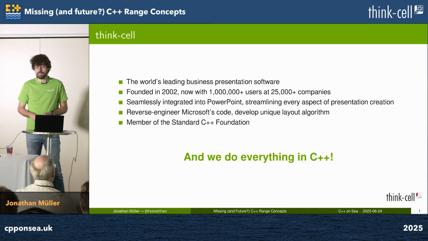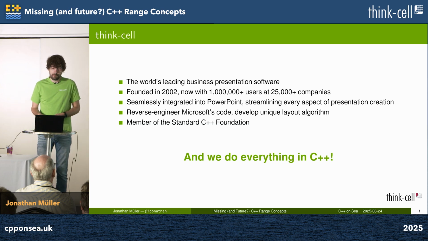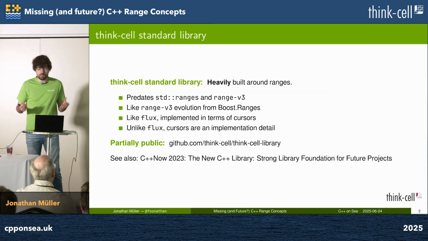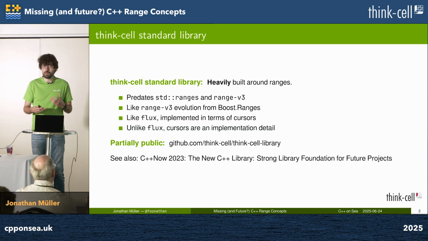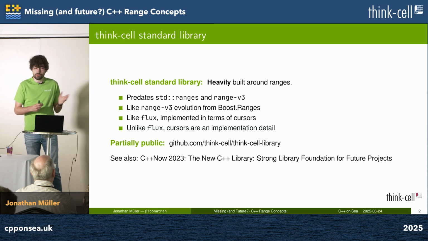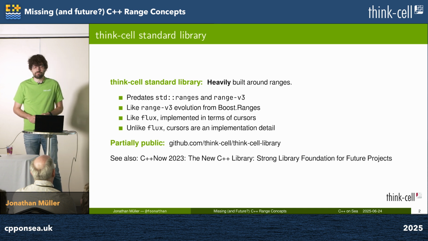We do everything in C++, and we also heavily support the C++ standardization process. At the core of our product is the compcile standard library. It started out as a couple of extensions to Boost and the standard library, and it is heavily built around ranges.